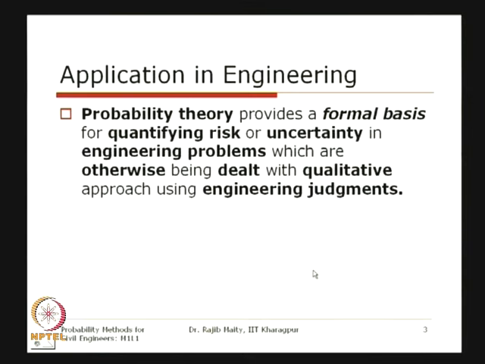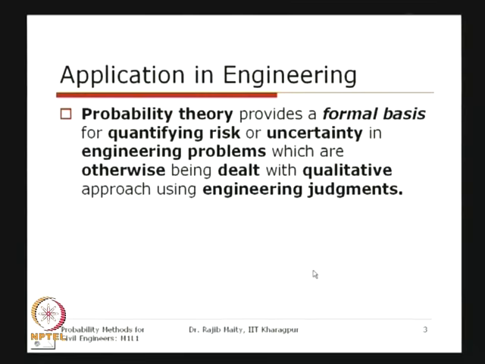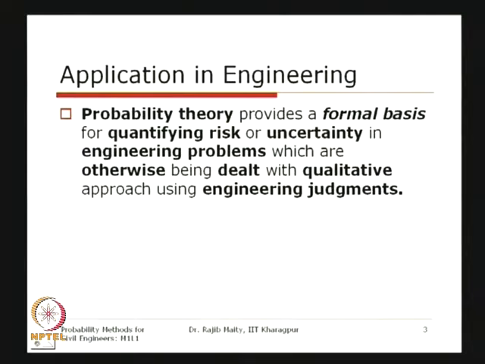Basically, probability theory provides a formal basis to quantify the risk or uncertainty in engineering problems. To start with, if we don't want to use this particular theory, then generally the first approach in any engineering, including civil engineering, is that we apply our engineering judgment with some kind of qualitative approach.